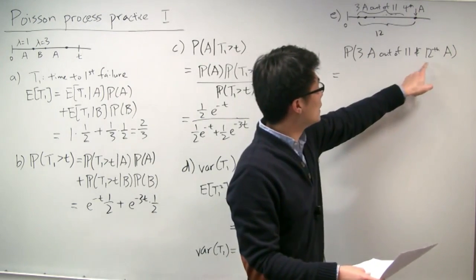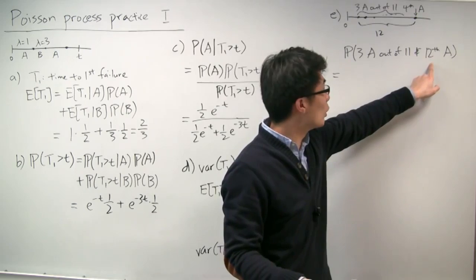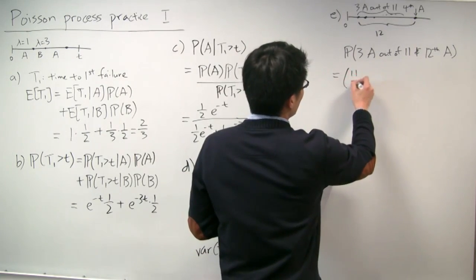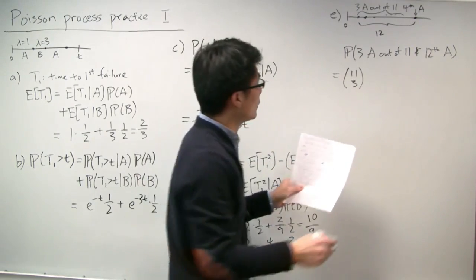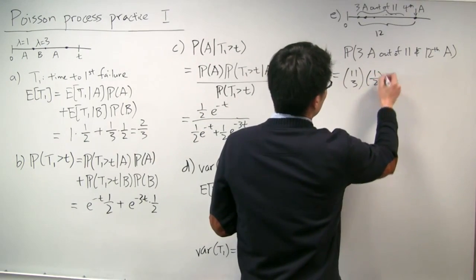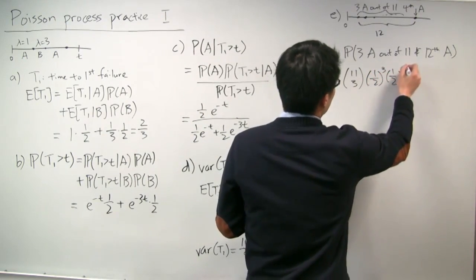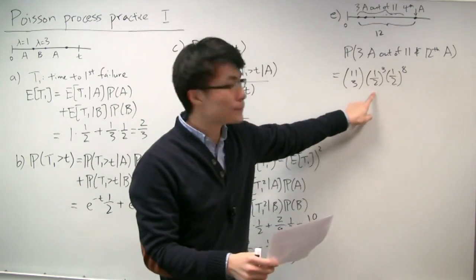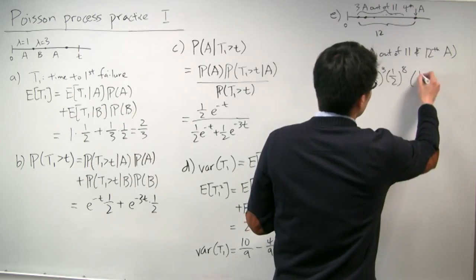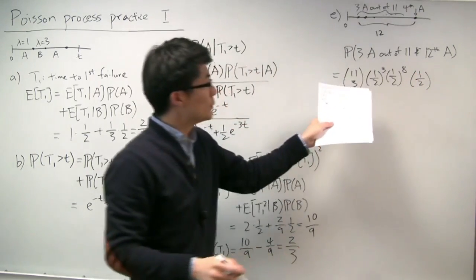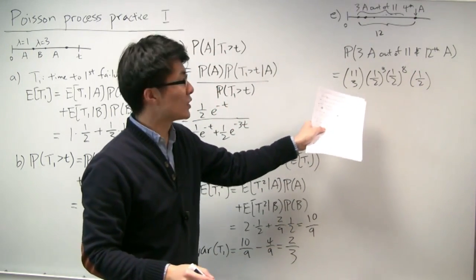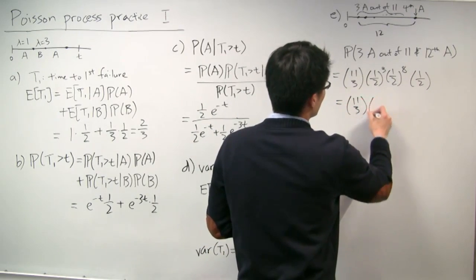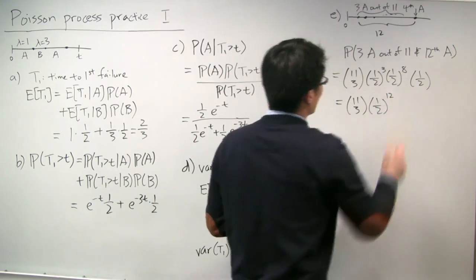And then we also need the 12th trial to be a success as well. So combining that, we have a binomial for the first 11. We need 3 out of the first 11 to be successes, and the probability of success is just 1/2. And then we also need the 12th trial to be a success as well. And we can simplify this. This is just 11 choose 3 times 1/2 to the 12th power.